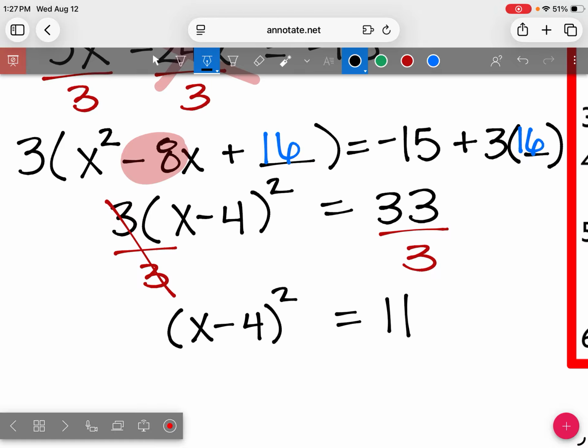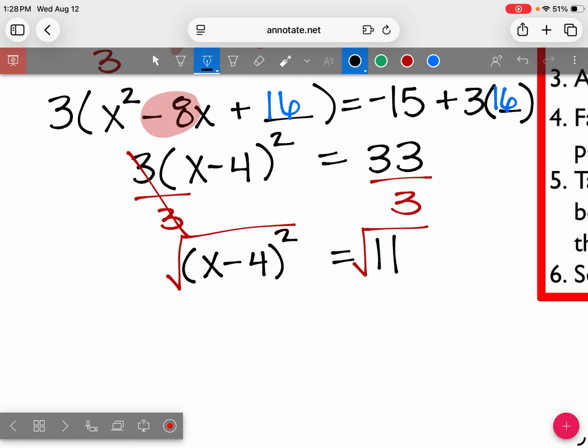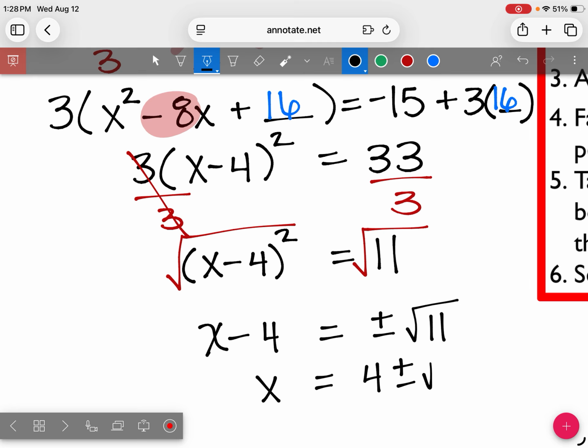So we don't have to separate it because 11 is not a perfect square. So last step, take the square root. And that gives you x minus 4 equals plus or minus the square root of 11. Add 4. And this is your final answer.